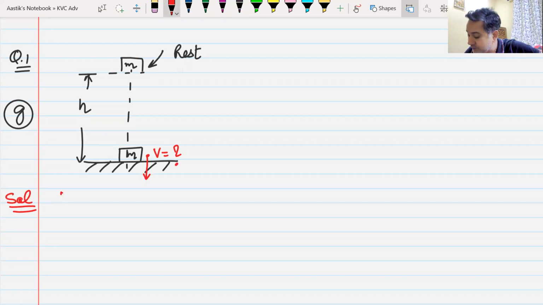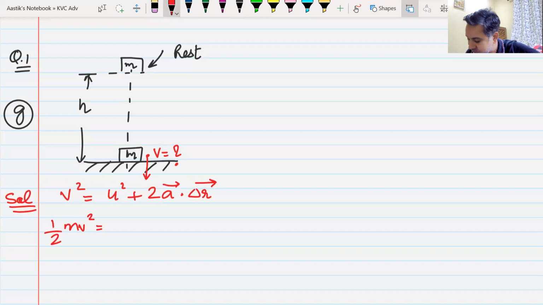So basically what we have done is you have applied v square is equal to u square plus 2 times a. In fact, it is written as a dot s. Do you know this? a dot s, a dot delta r, dot product. Now if I multiply by m on both sides and divide by 2 on both sides, this is the equation that I will get.